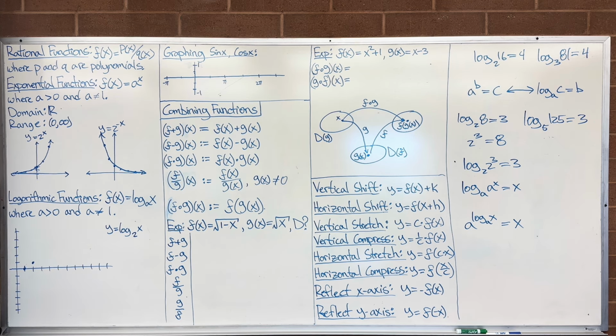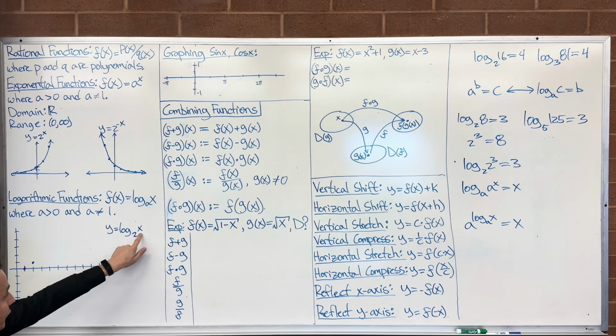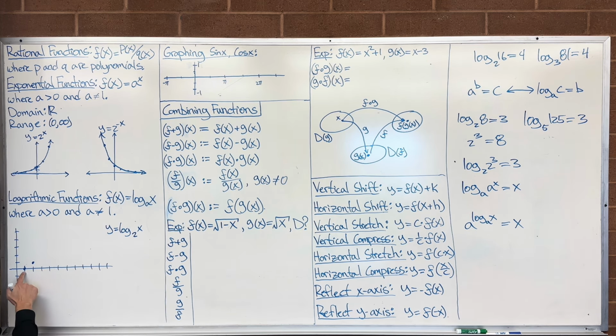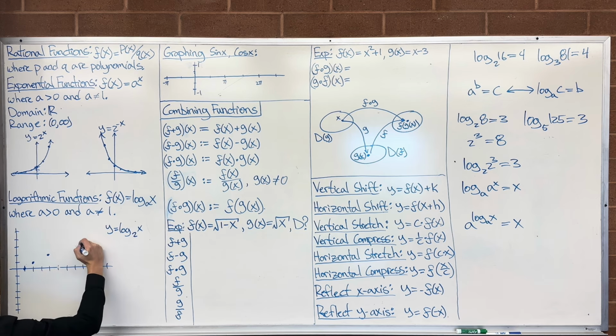Now, plugging in 3 is going to be hard because we're going to get some fraction. Can't do that in our head. But 4, we can do. 2 to what power gives me 4? 2. So at 4 we get 2. What do I get when I plug 8 in here? 3.